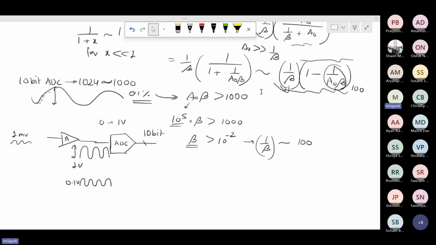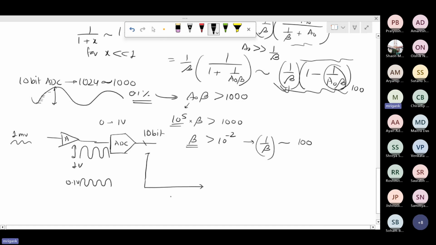What do you mean by loss of data? There is no loss of data. So sir, is the only thing that SNR is improved?